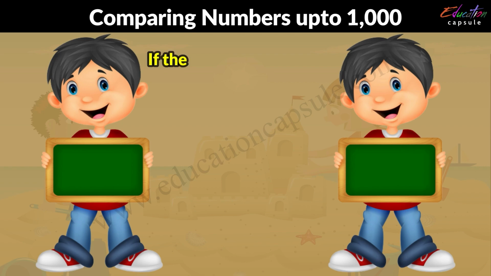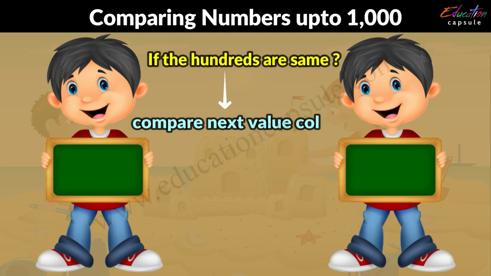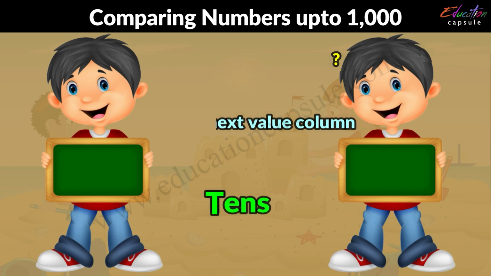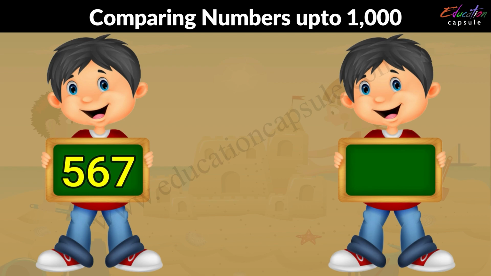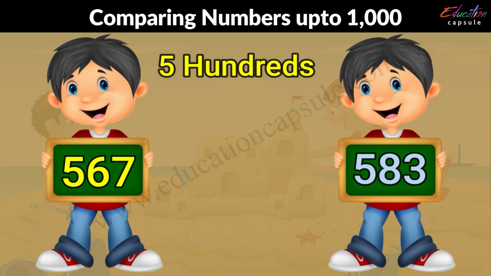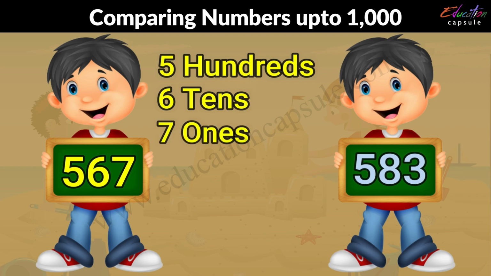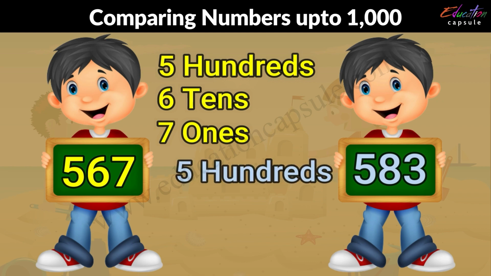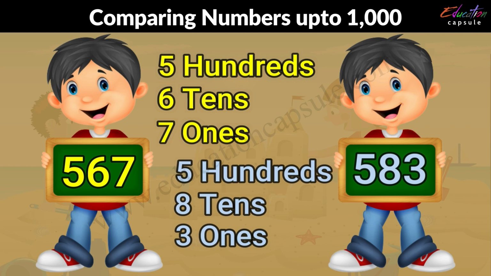What if the hundreds are the same? If the hundreds are the same, we will compare the next value column, that is tens. For example, there are two numbers, 567 and 583. By partitioning 567, we have 5 hundreds, 6 tens and 7 ones. By partitioning 583, we will get 5 hundreds, 8 tens and 3 ones.